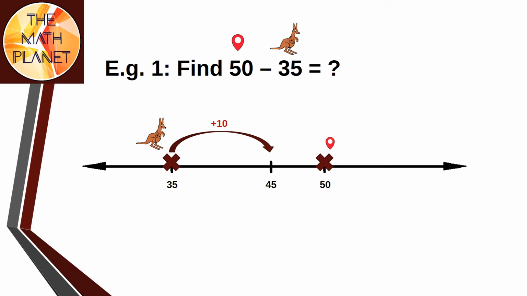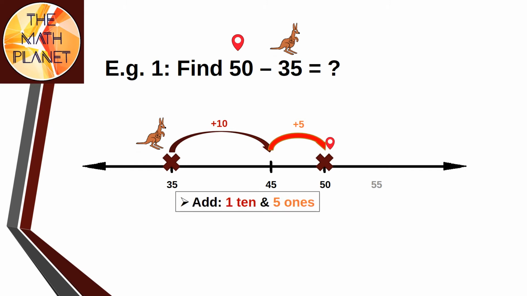If I try to add one more 10, I will reach 55, which is greater than my destination. So I will not add any more tens. Instead, I will be adding ones. If I add 5 ones, I will reach 50. So I needed to add 1 ten and 5 ones to get from the start to the end points, and the difference or the answer for this equation is 15.